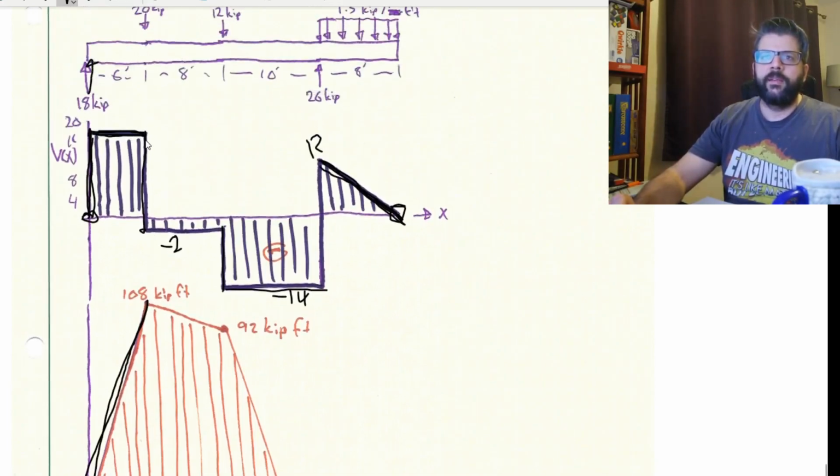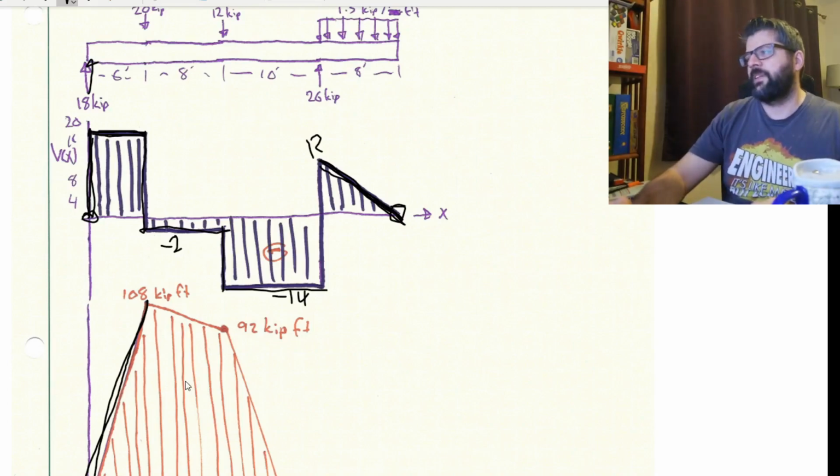And then the shear drops down because of that point load, and it drops down to -2. So now we know that the slope in this section is -2. -2 kip-feet per foot, basically, is how it works out too.